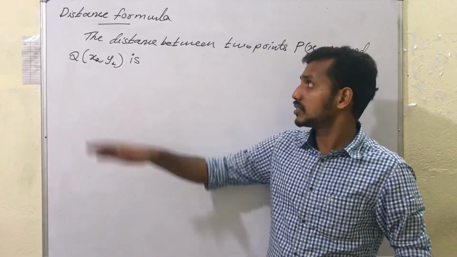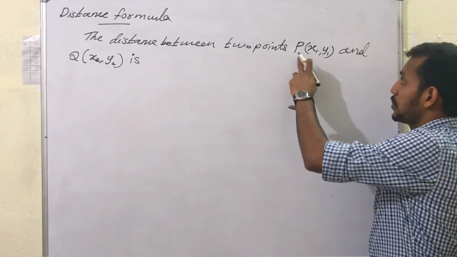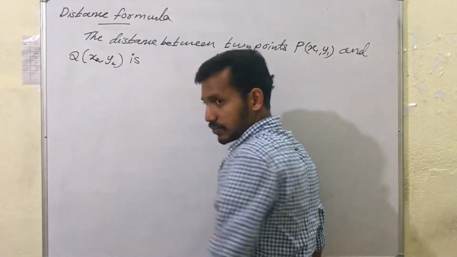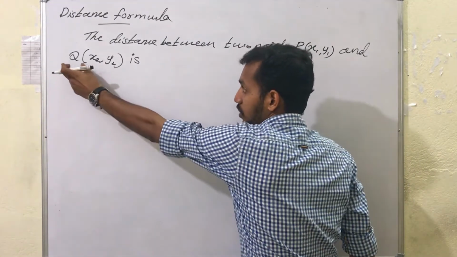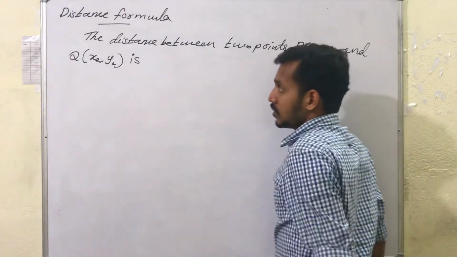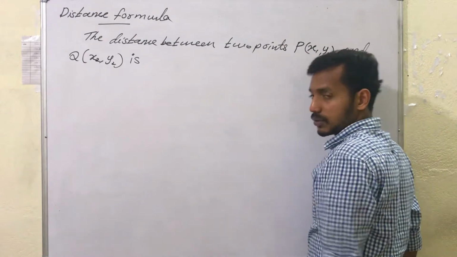So let's start with the distance formula. The distance between 2 points P (x1, y1) and Q (x2, y2). This is the coordinates of the point Q, and this is the coordinates of the point P. So how to find the distance between the 2 points P and Q?